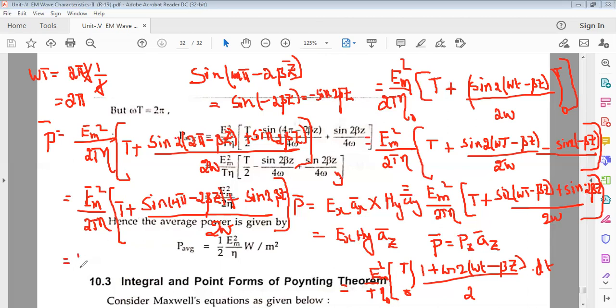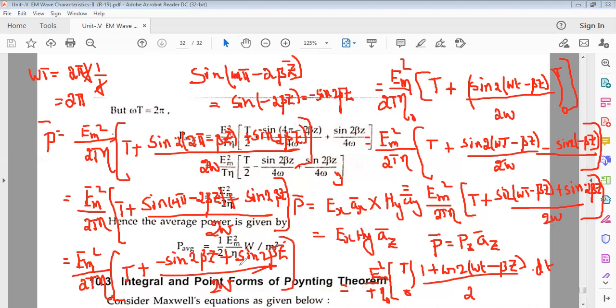So here Em square by 2 T eta and capital T is multiplied; the sine 4 pi minus 2 beta z is minus sine 2 beta z, plus sine 2 beta z, and this is divided by 2 omega. So minus sine 2 beta z and plus sine 2 beta z cancel, becoming 0, and here the T and T get cancelled.